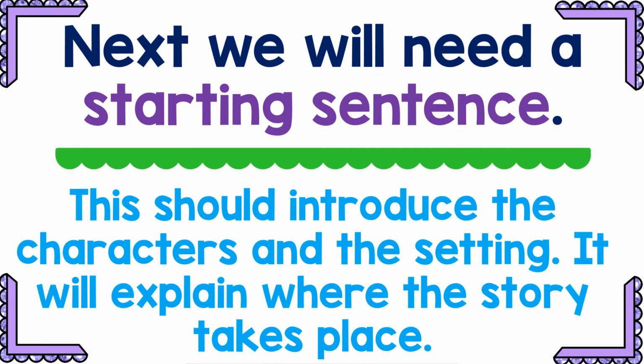Now let's think about a starting sentence. This should introduce the characters and the setting. So you're telling the reader basically who and where this story is going to take place. Like who's in the story, where and when it's going to take place. So that kind of helps the reader start thinking about the main part of the story. So think about how we could start our paragraph.